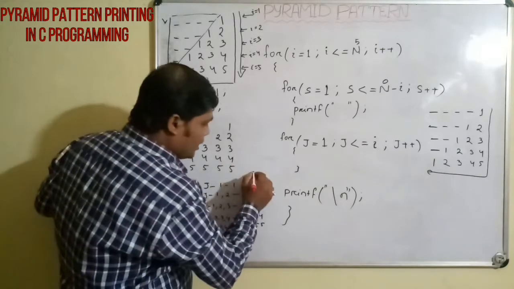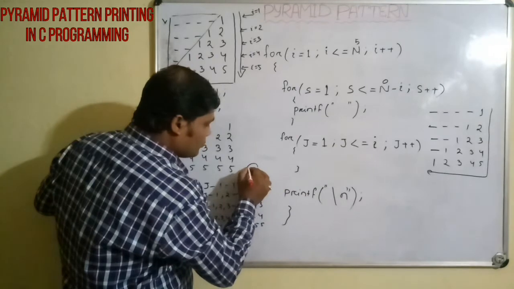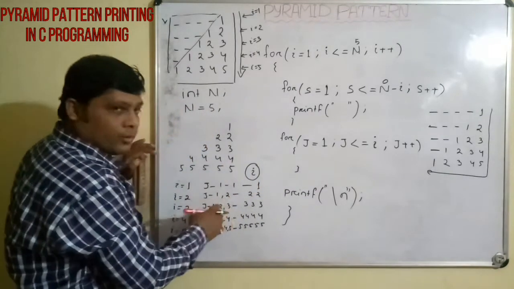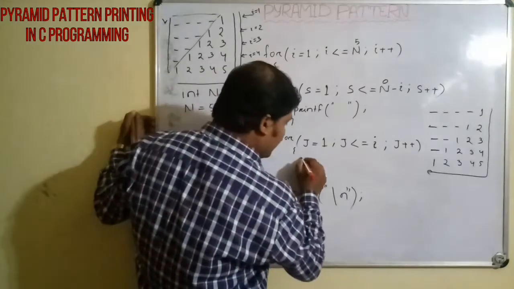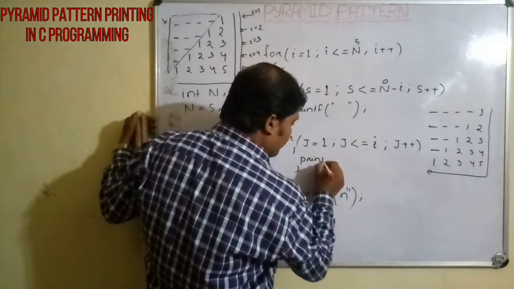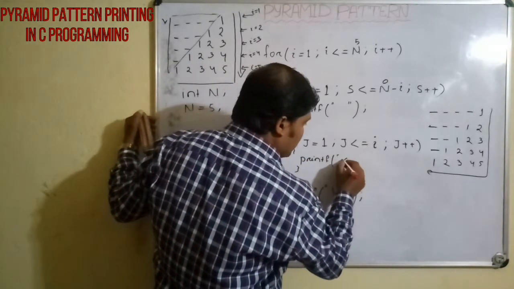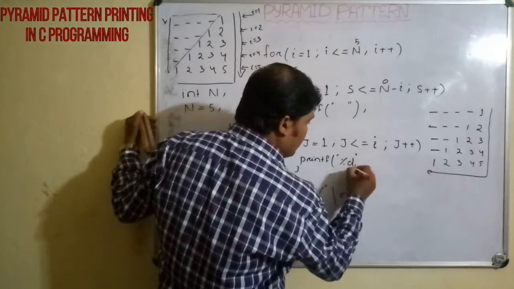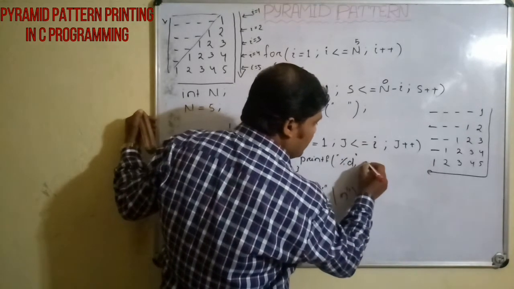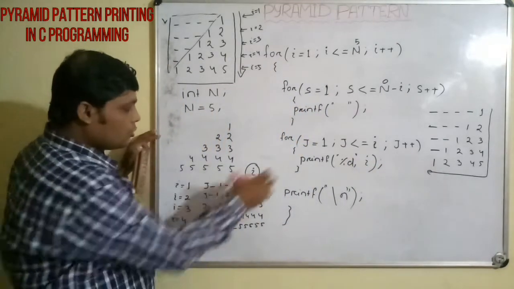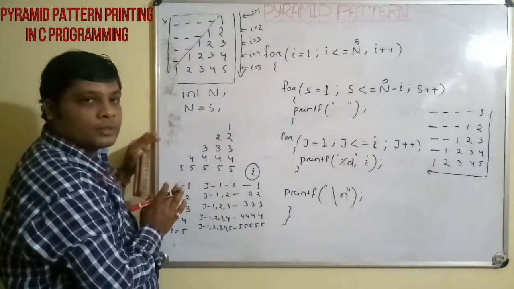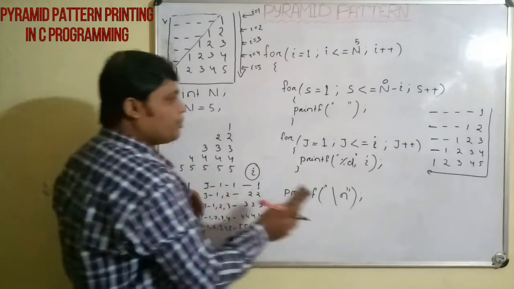So you can say that it is printing the I value. In j loop it will continue, but what it is printing is the I value. So you can directly write printf, percent d as it is numbers, then I value. Clear? So it will print this pattern. All of it clear? This is very simple.